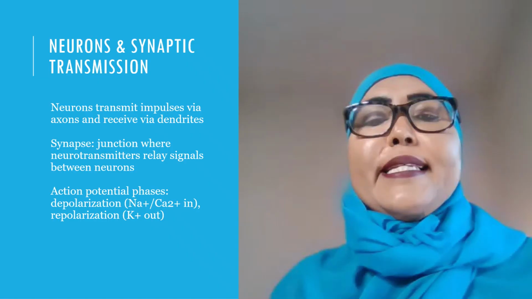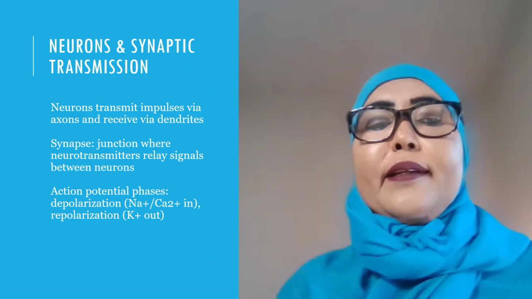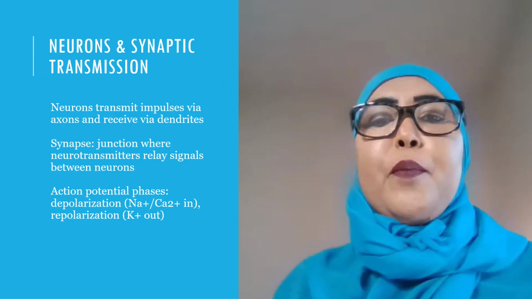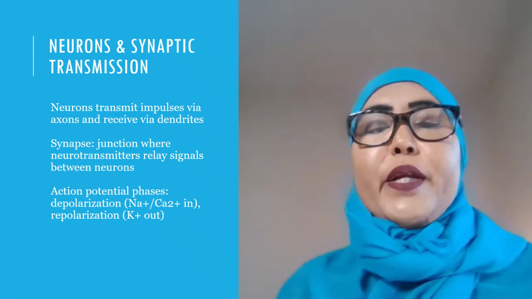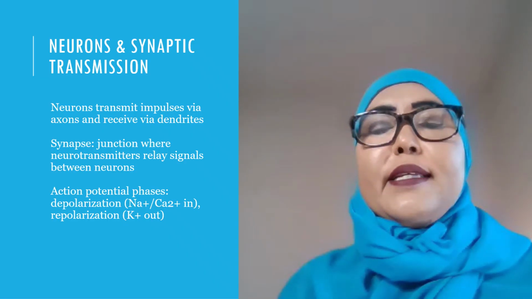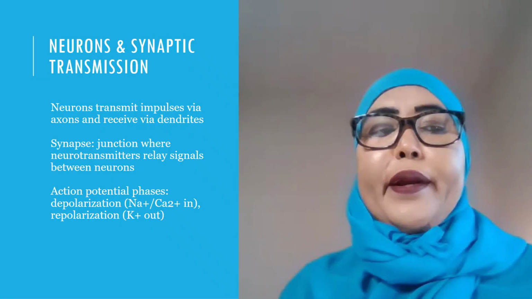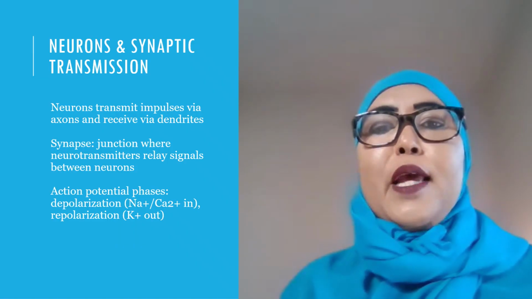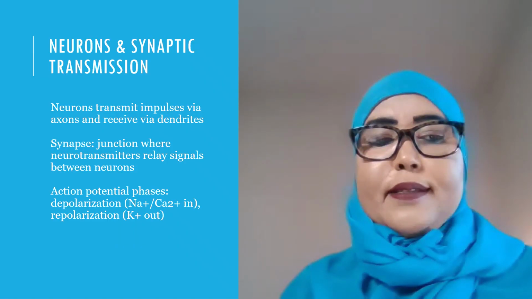Neurons and synaptic transmission. Neurons transmit impulses by axon and receive impulses by dendrites. A synapse is a junction where neurotransmitters relay signals between neurons.